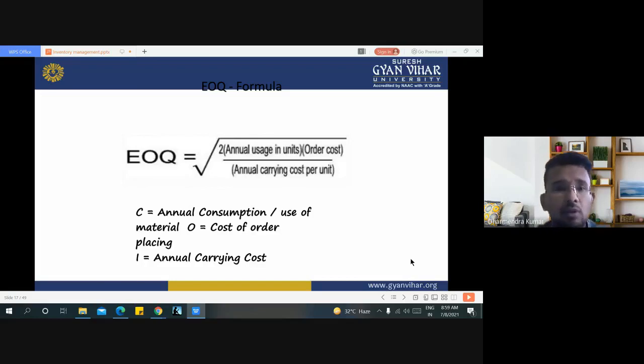Here, annual consumption is the use of materials, and the cost of order placing. The shortest form of this formula is square root of 2CO by I.